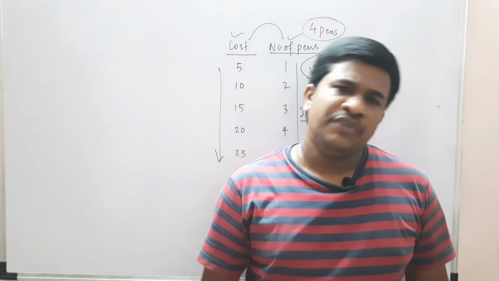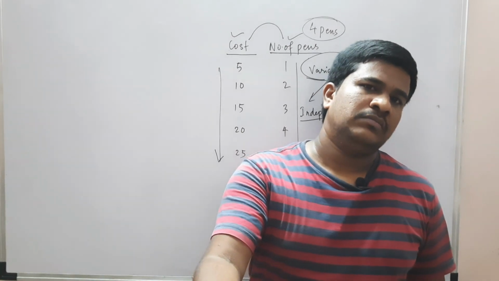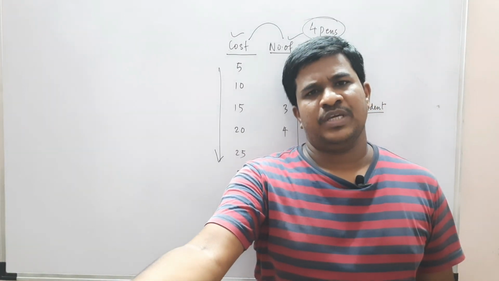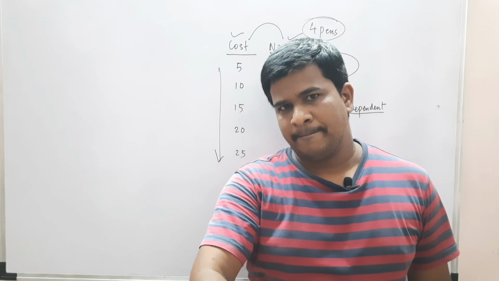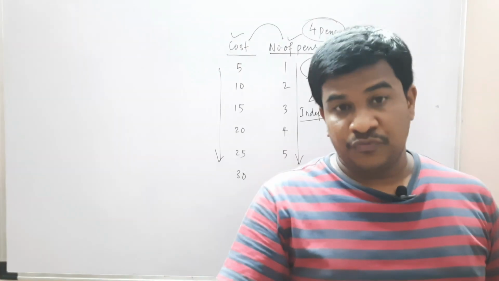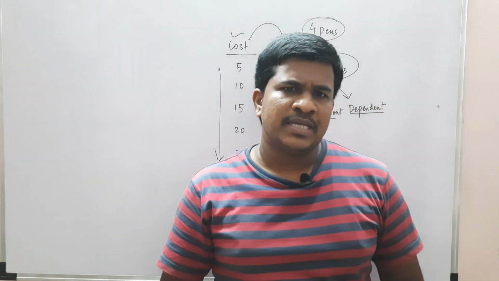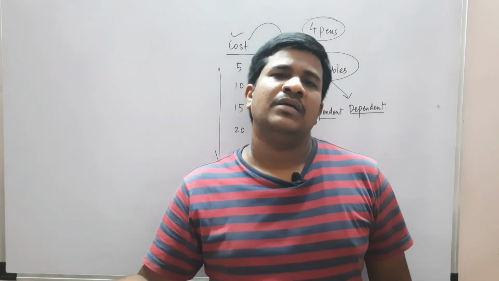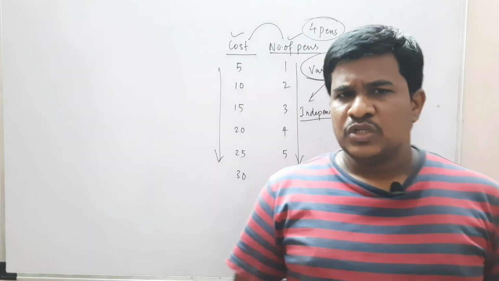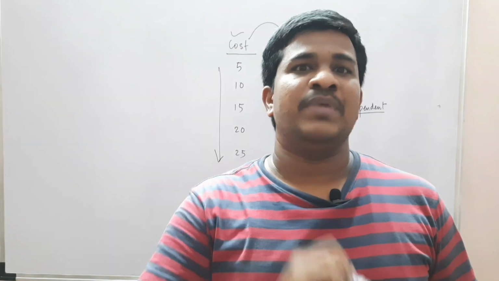For example, if you want to buy 4 pens, 20 rupees you must pay. If you want to buy 5 pens, you must pay 25 rupees. If you want to buy 6 pens, you must pay 30 rupees. So the shopkeeper has to be very clear about the number of pens.